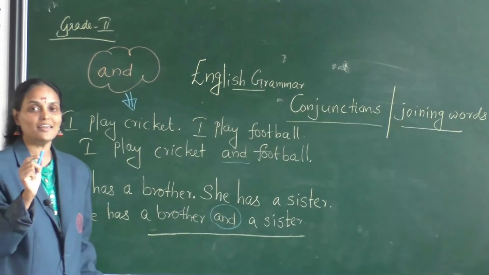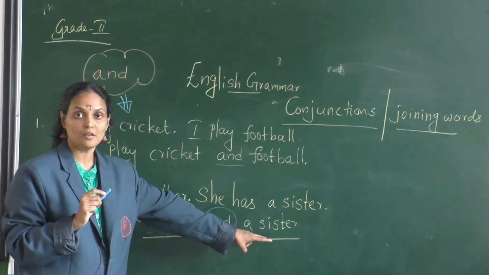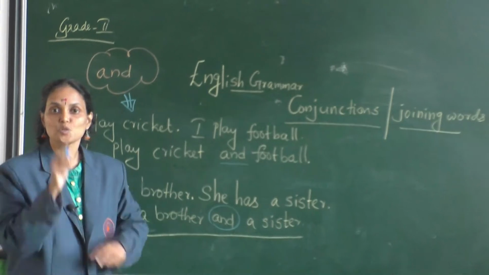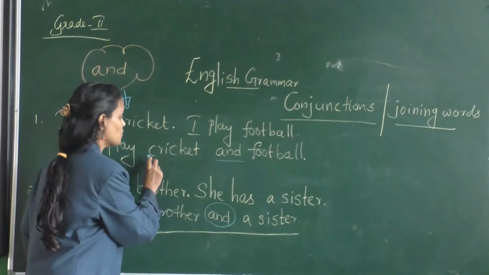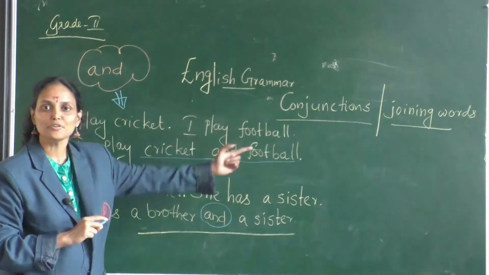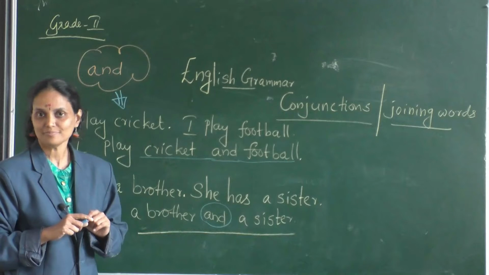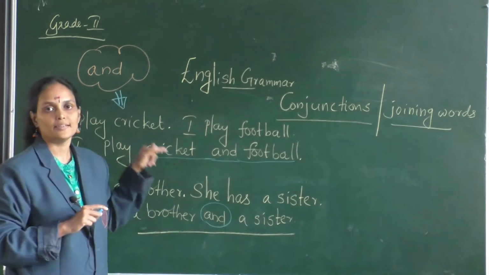I told you initially, and is used to frame a word pair, or it is also used to frame two different sentences into one single sentence. Here also we have got a word pair. Cricket and football, it's an expression. It's a word pair. Correct? This is the main function of and in a sentence.